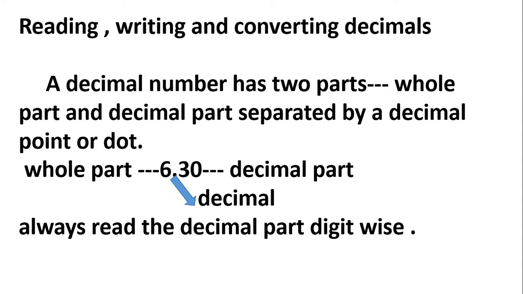You have to read it as 6, 30 hundredths. 30 hundredths means 30 by 100. 30 by 100 will become 0.30. That is this.